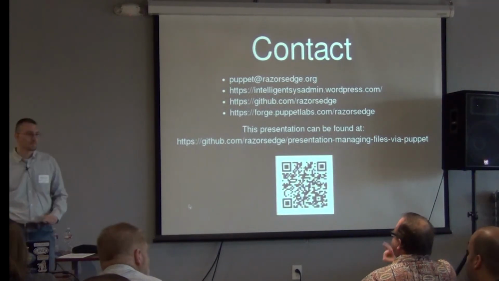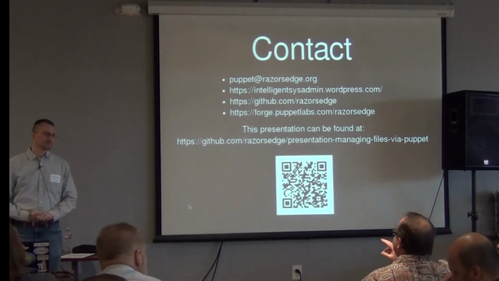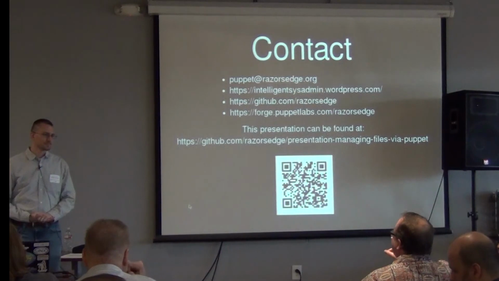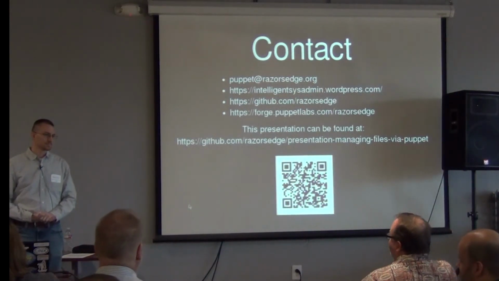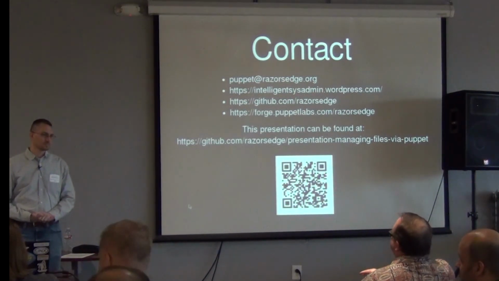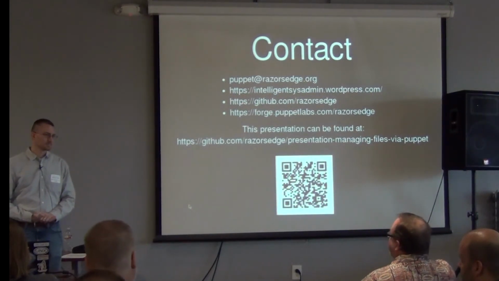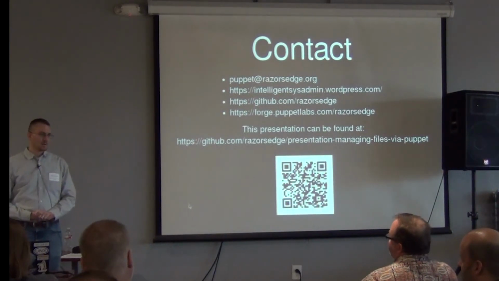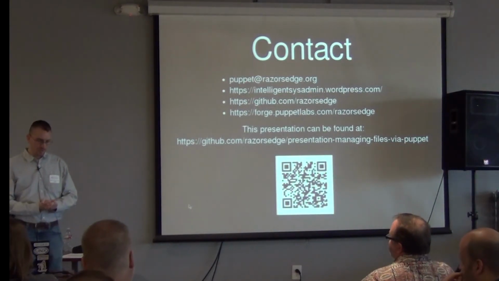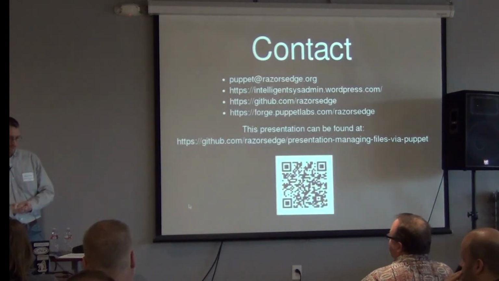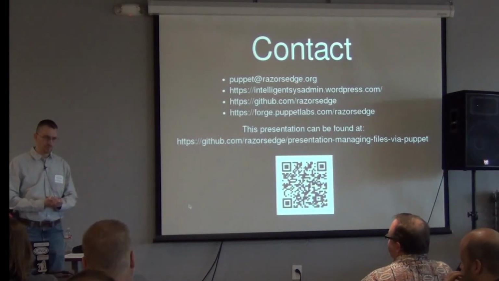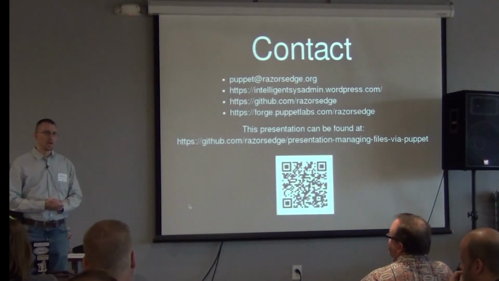Yes, sir. One more question. I had one follow-up question. If I wanted to use regex or XSLT directly on the file, would I have to go through another tool, or is there a way with the Puppet system to actually get into that level of detail? So if you wanted to use regex or XSLT on files, is there a way in Puppet to do that directly?